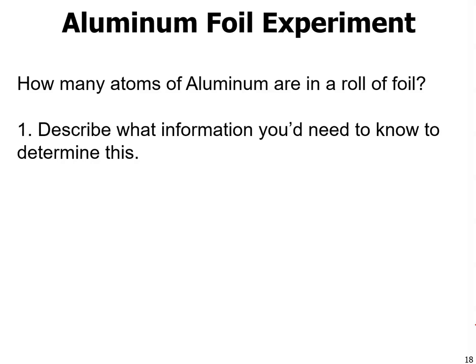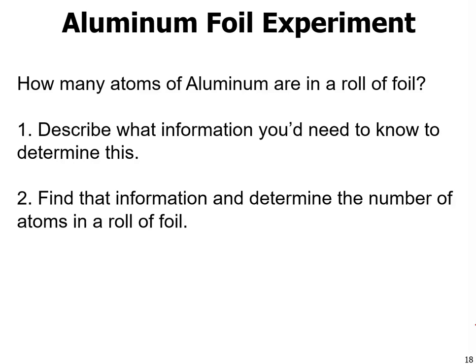As an assignment, I want you to find that information. So find a roll of aluminum foil, write that information down, and then determine the number of atoms in that roll of foil.